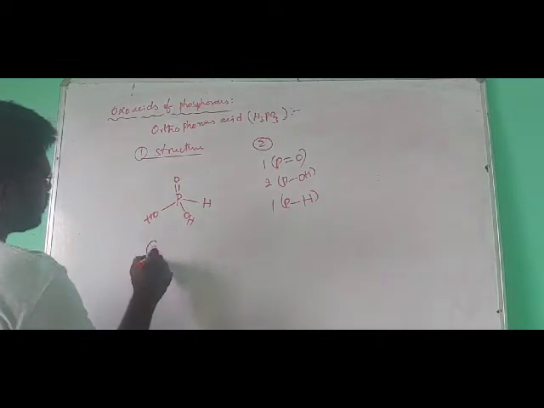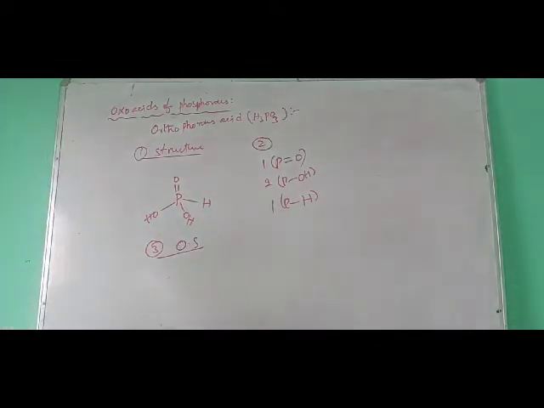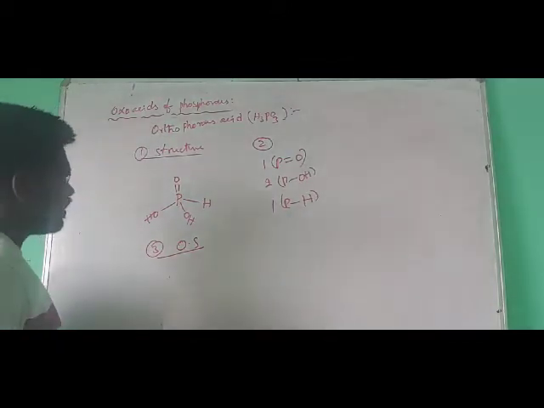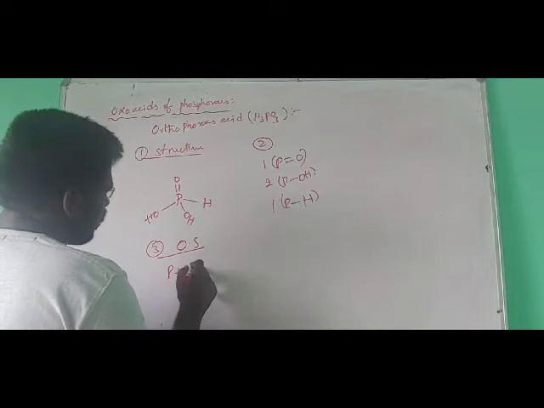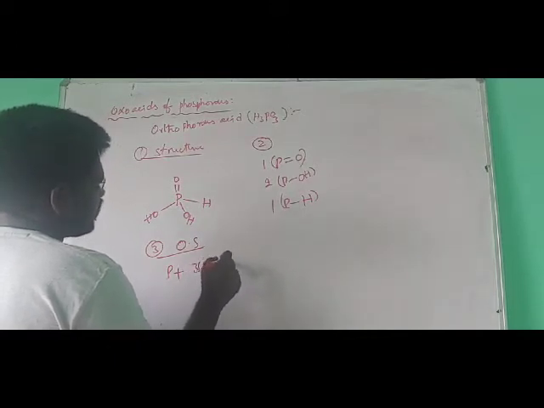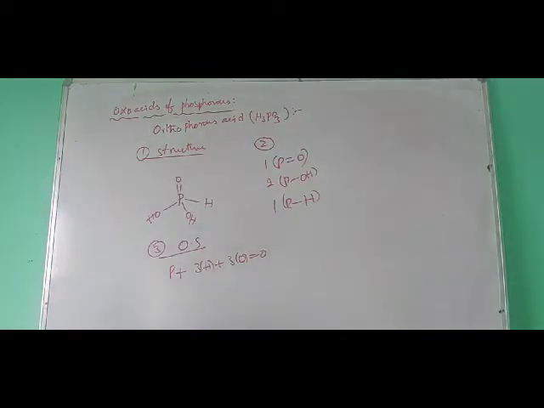And next one, third one, oxidation state. Oxidation state on the phosphorus in this molecule. Right. So now in this one we have one phosphorus atom, three hydrogen atoms, and three oxygen atoms. The overall charge on the molecule equals 0.